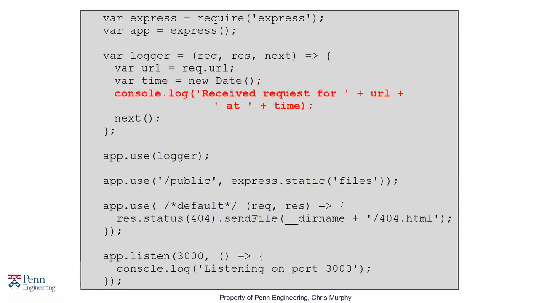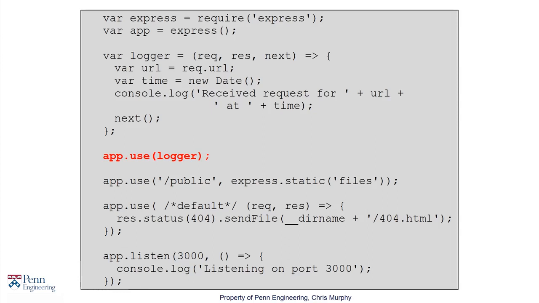Then we'll log to the console that we received a request for this URL at this time. And very, very important, we must invoke the next function so that the next middleware in the chain will be invoked. Here we say app.use(logger), meaning that the logger middleware will be invoked on any HTTP request.